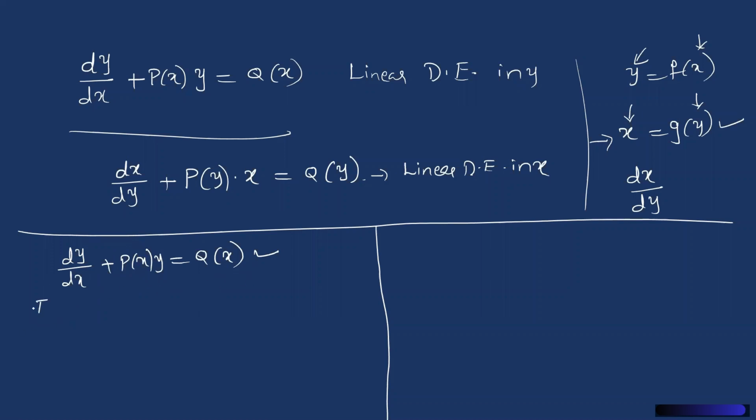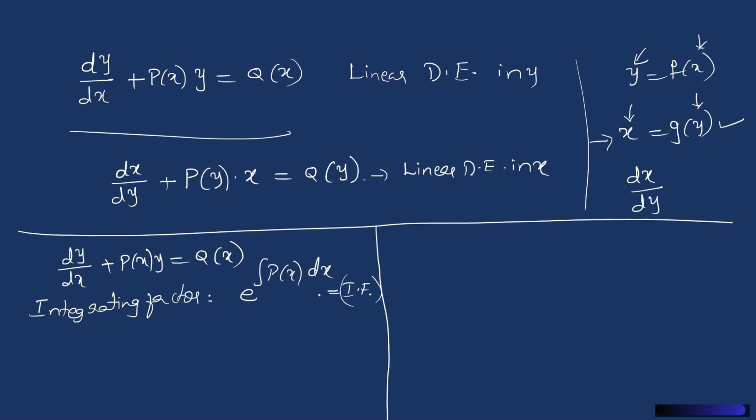Keeping that in view, we first need to find the integrating factor. The integrating factor helps us find the solution quite easily. Since you have already identified p of x, the integrating factor is e to the power of integration of p of x dx. You'll get some expression here, which I'm abbreviating as IF.